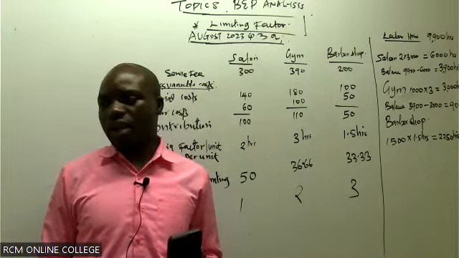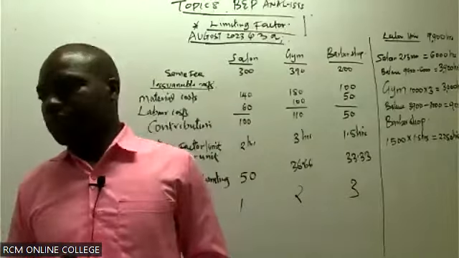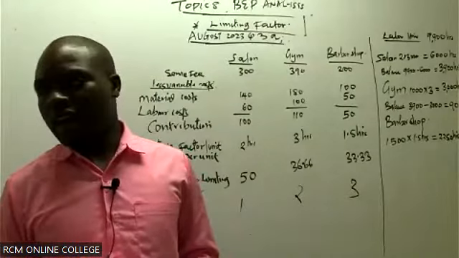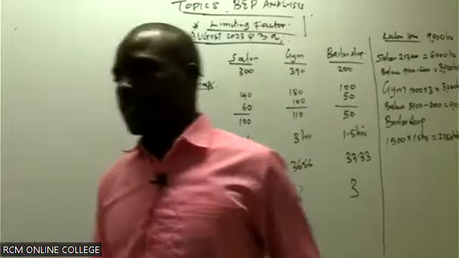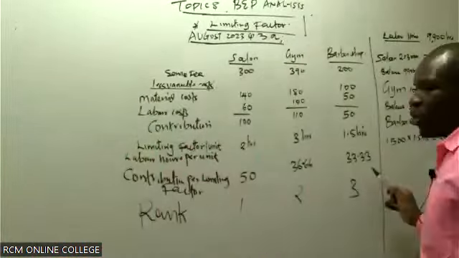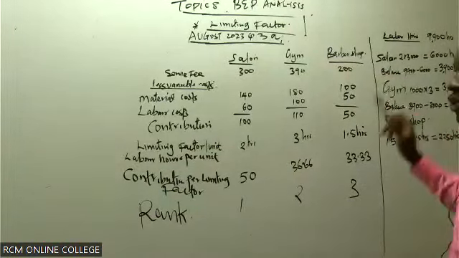Sasa tuko na shida gani hapo? Which problem do we have? We have a deficit. That deficit is what we call the limiting or the shortfall.